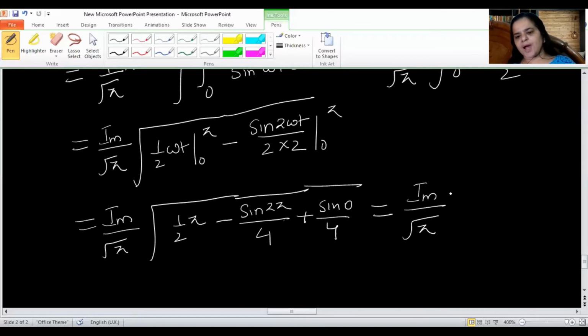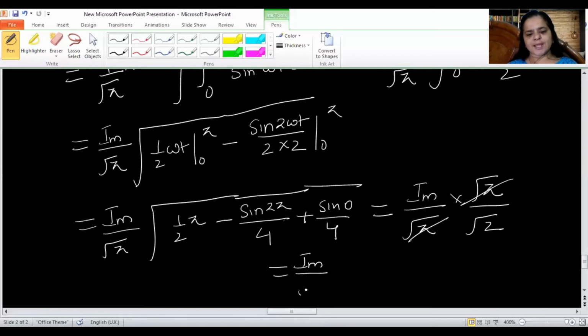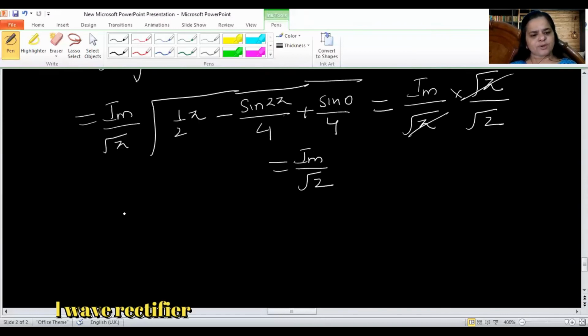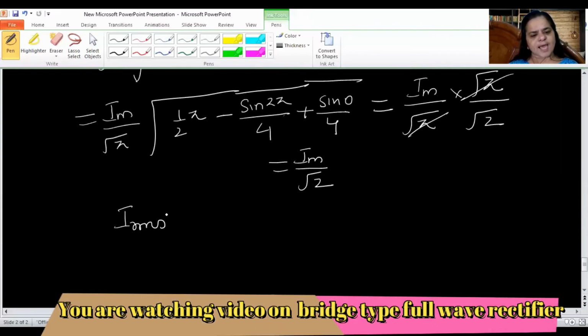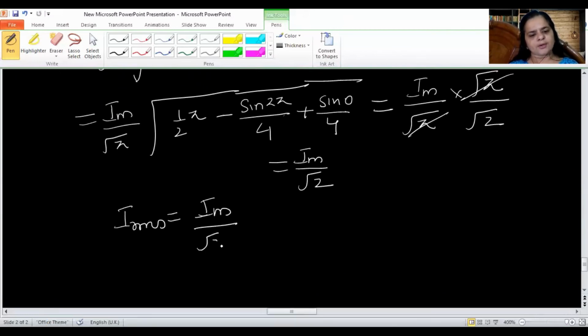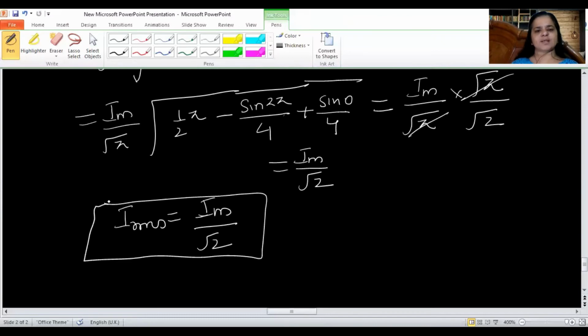Im by root pi under root pi by 2. So root pi cancels. I am going to get Im by root 2. So the RMS value of load current in case of full wave rectifier is IRMS equal to Im by root 2. So that is the second parameter which we were interested in.